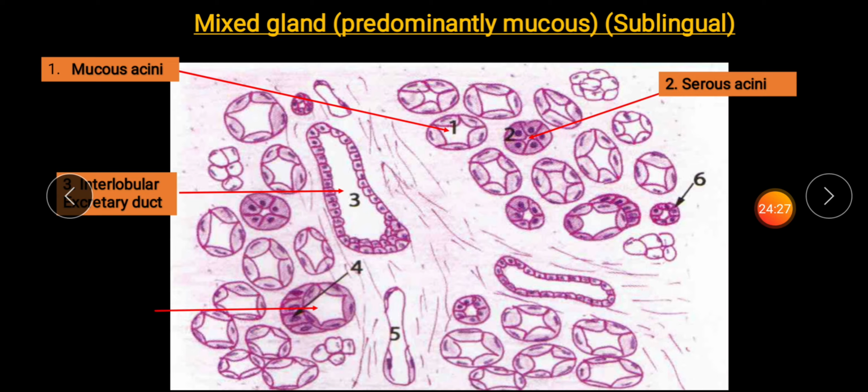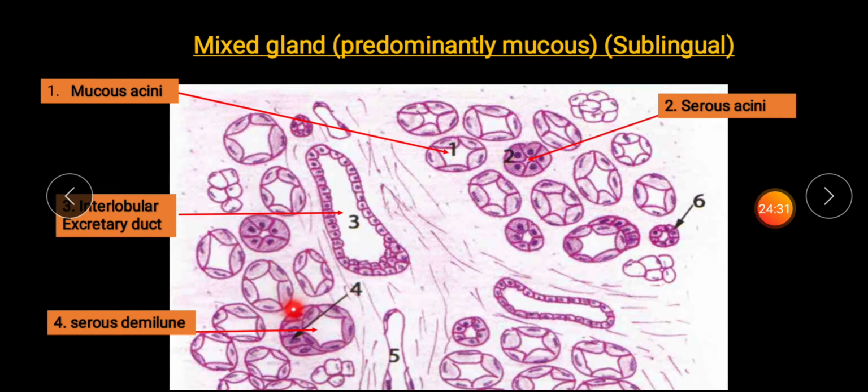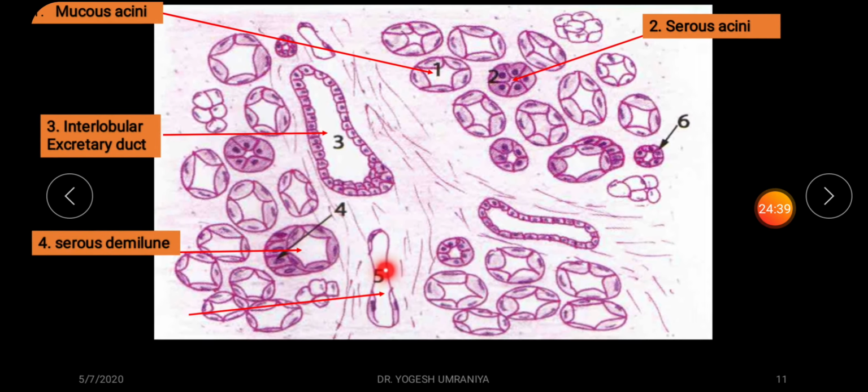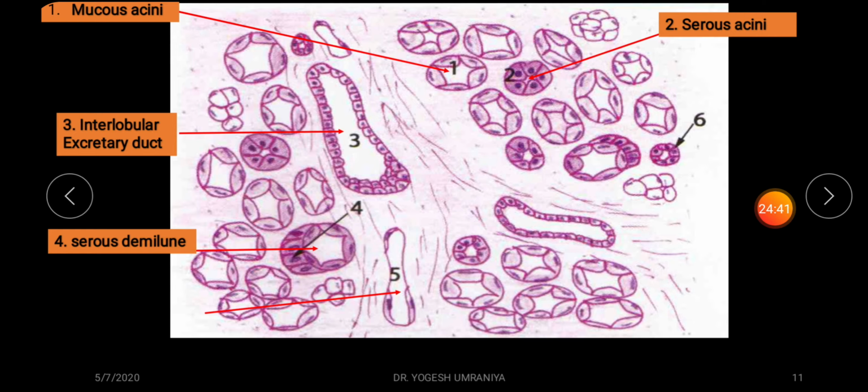Number 4, that is again the serous demi-lune, a cape of the serous cell over the mucus acini. Last one, you can see this is the structure within the connective tissue septa, that is termed as the interlobular blood vessel.